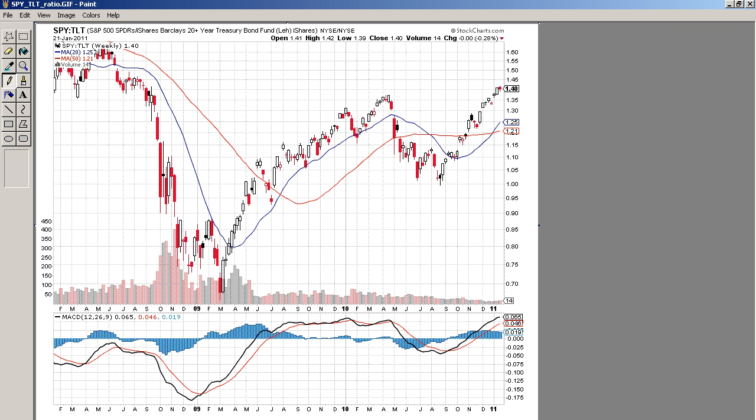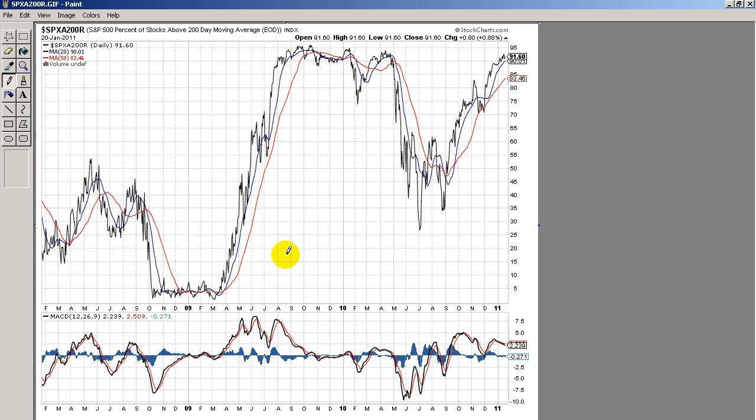The other indicator that we follow is the number of stocks within the S&P 500 index that are above their respective 200-day moving average. And you see now that almost 91% of stocks within S&P 500 are above their respective 200-day moving average. That's clearly an overbought condition, similar to the one that we witnessed in late 2009 and early 2010. And eventually, the market broke lower, sharply lower, in May and June last year.